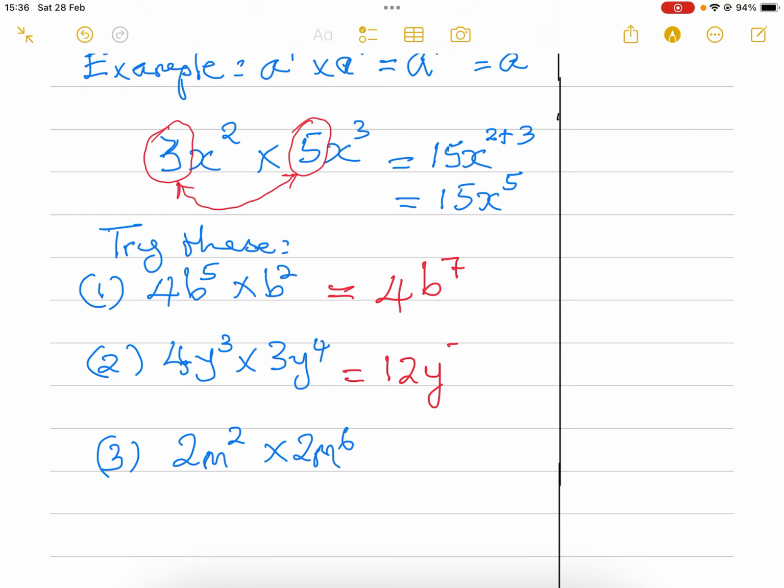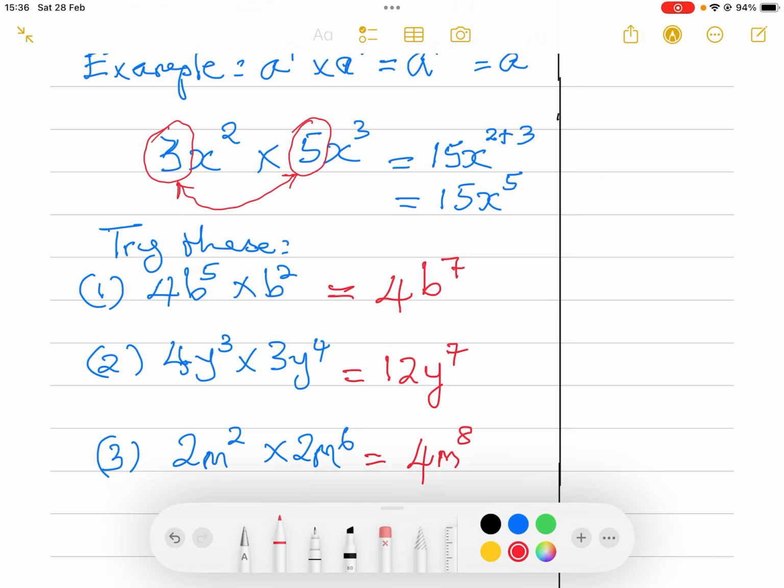And then number 2, 4 times 3 is 12. Y, 3 plus 4 is 7. And the third one, 2 times 2 is 4. M, 2 plus 6 is 8.